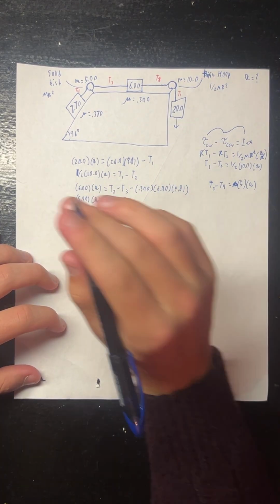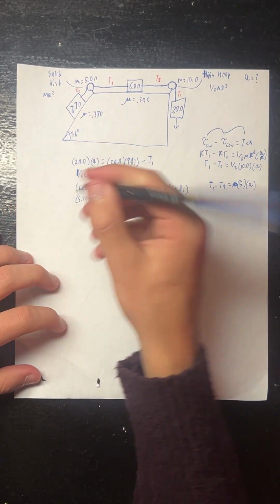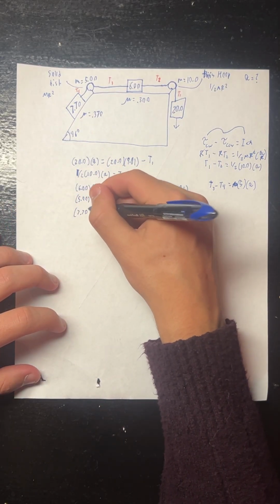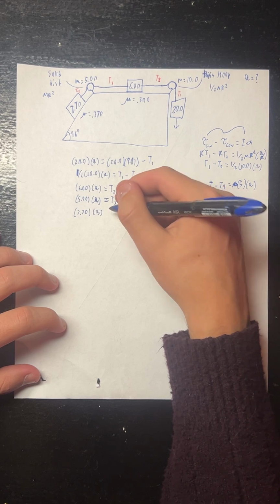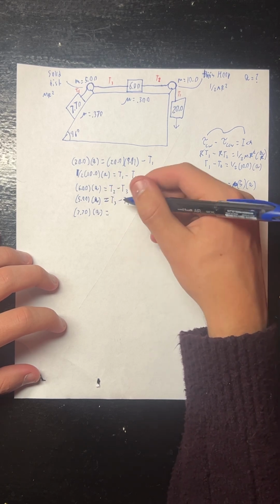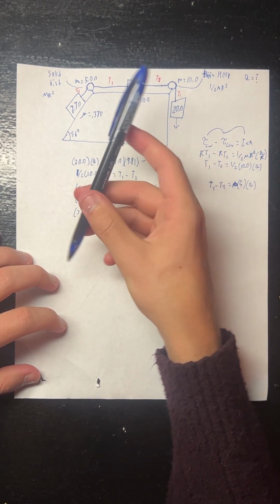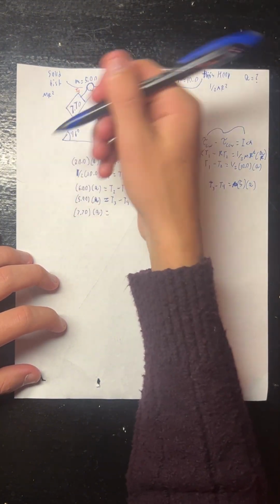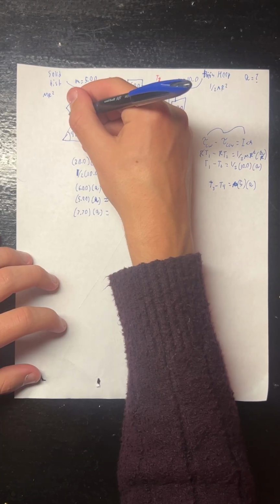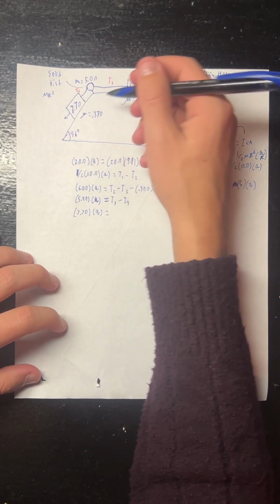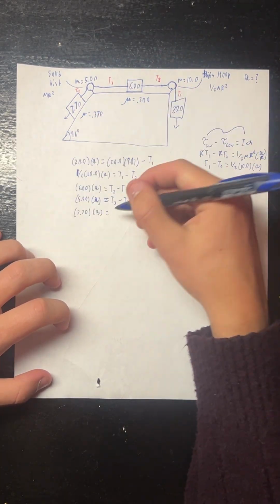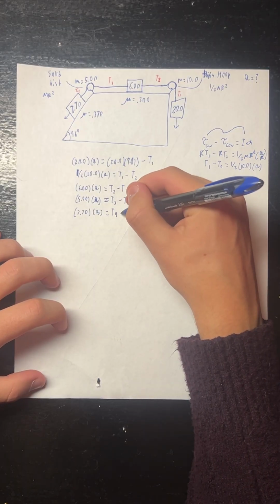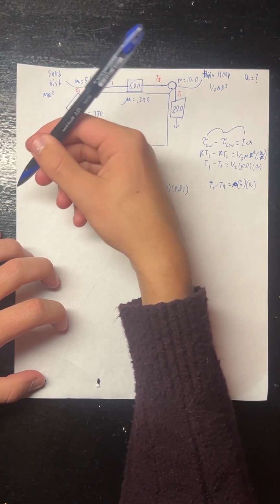Right? And then we set up our last equation, which deals with this mass here. So 7.70 times a is equal to our forces going that way counteracted by the forces going that way. So all the forces going down this way, left, are going to be our force down ramp and friction. So the force going that way is T4, minus the force down ramp and friction.